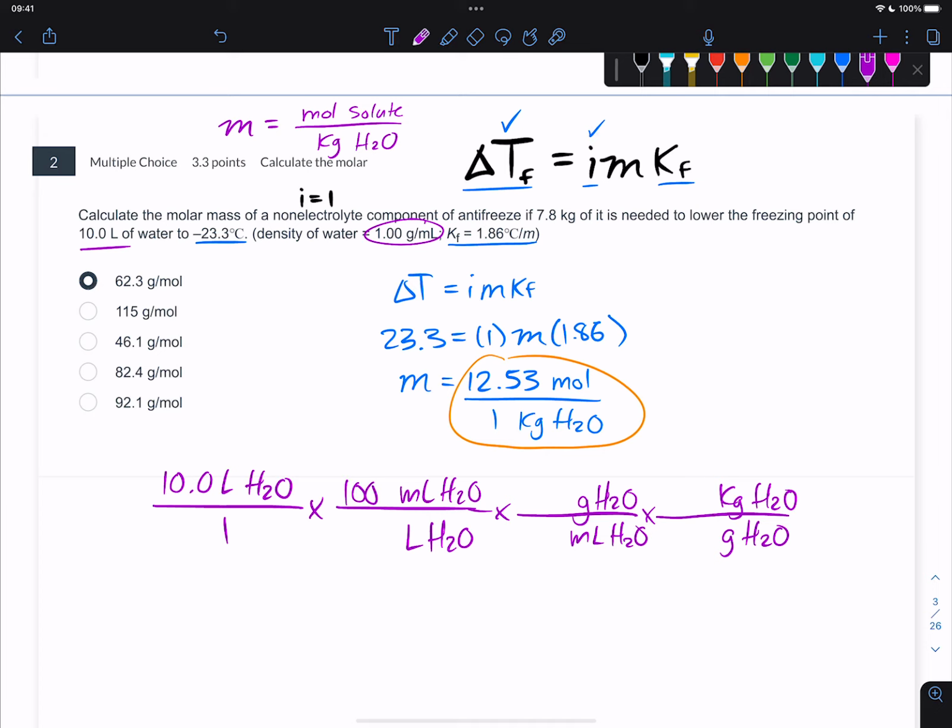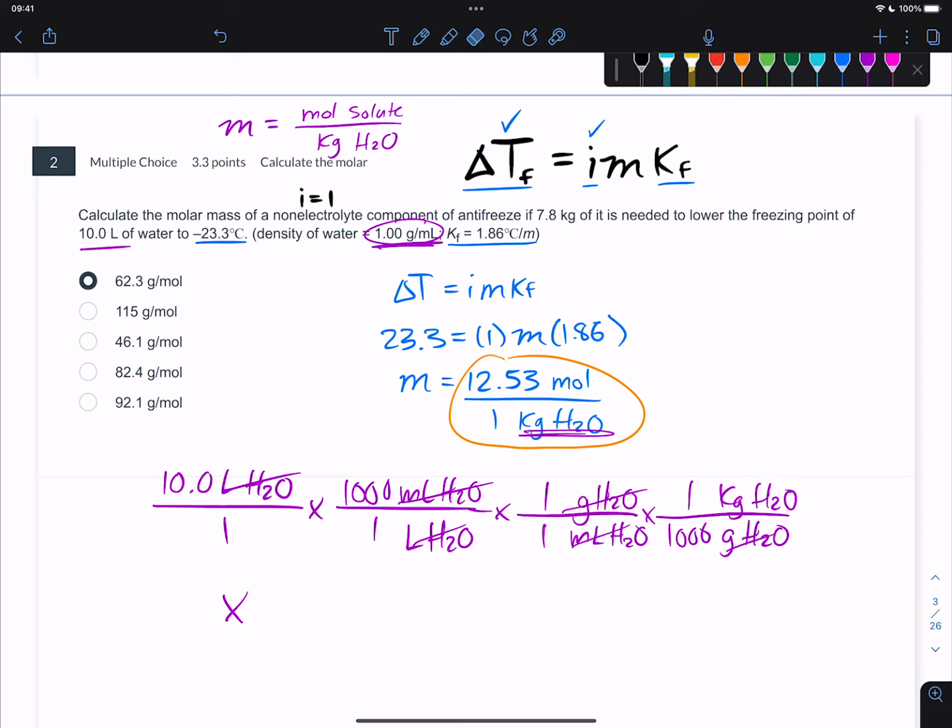There's 1,000 milliliters in 1 liter, and the density of water is given to us as 1 gram per milliliter, and there are 1,000 grams in 1 kilogram. So the thousands cancel out, and you end up currently with kilograms of H2O. Notice how that's actually a good thing, because we can continue with our dimensional analysis.